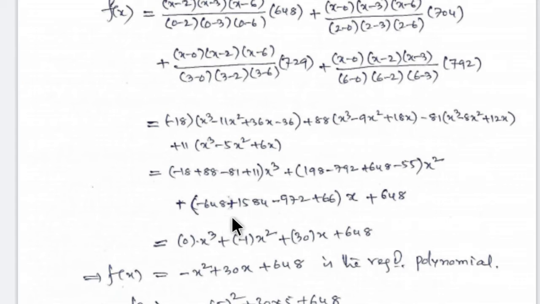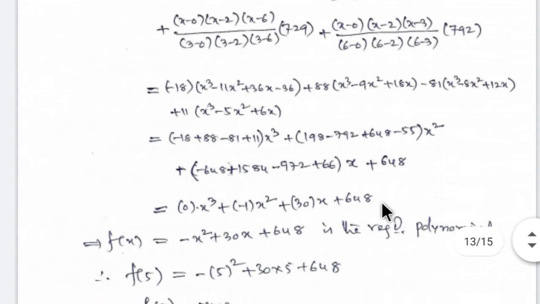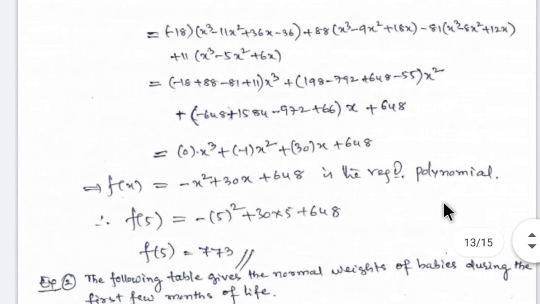Okay, then simplifying we get first one 0 into x cube, second minus 1 into x square, third one plus 30 into x, plus last one 648 as it is. So f(x) equal to, finally after simplifying, f(x) equal to minus x square plus 30x plus 648 is the required polynomial.